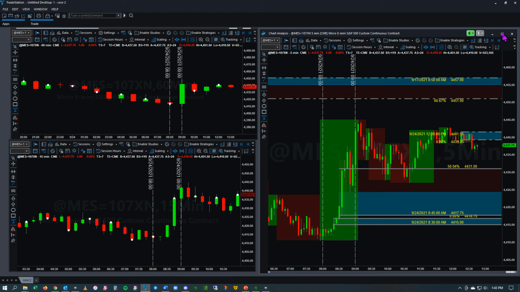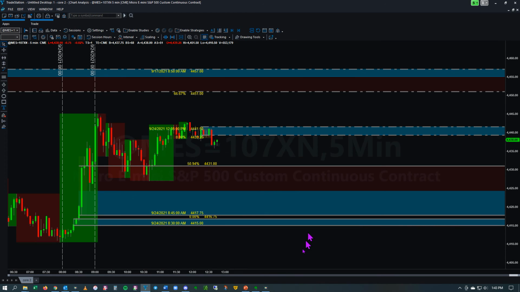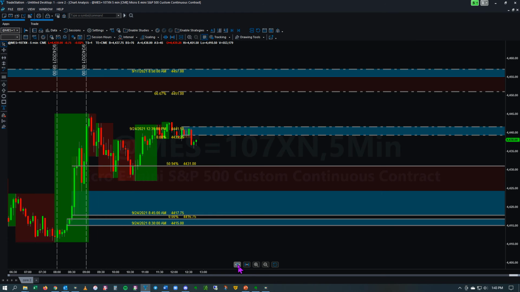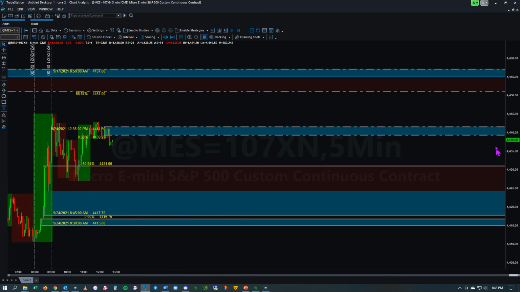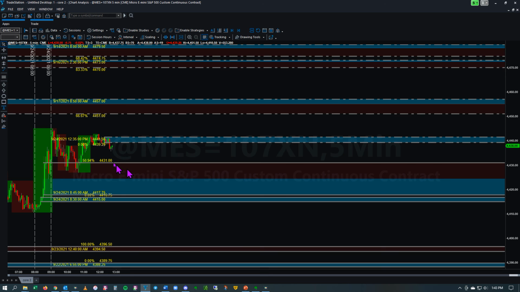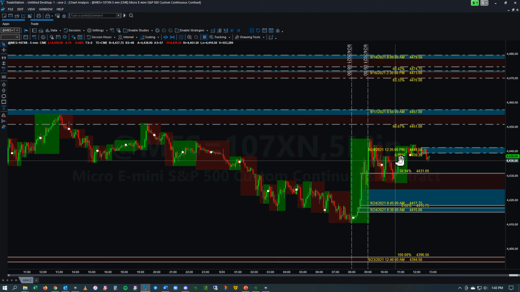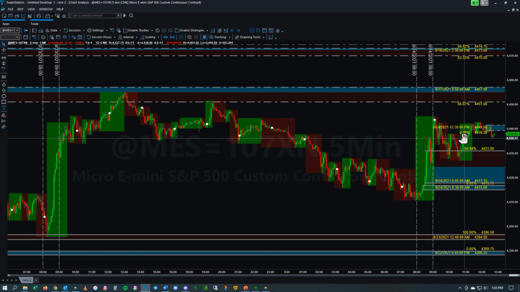And let me just blow this up and see if I can get you a little better visual about what's going on with price action here. So you can see that at some point price came up into this supply band and has continued lower.